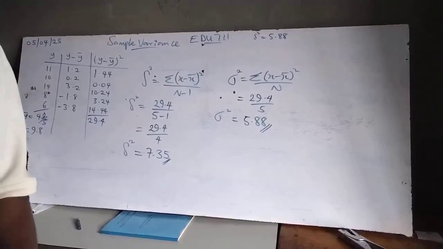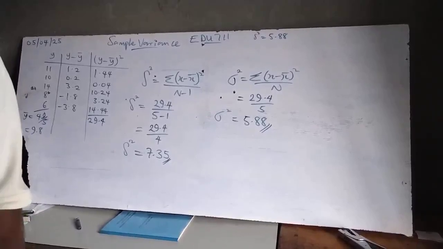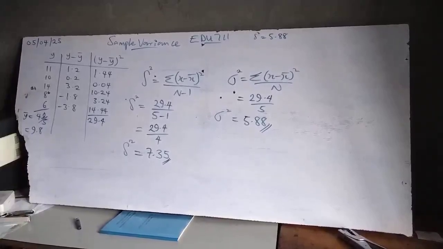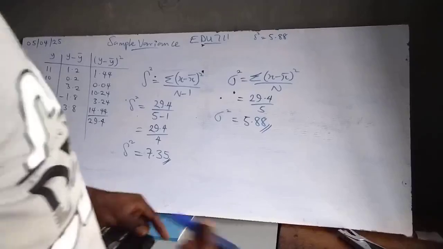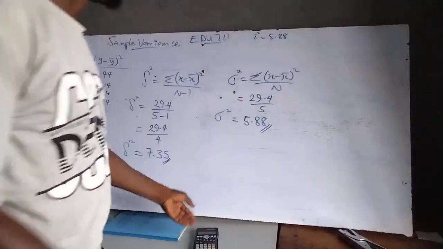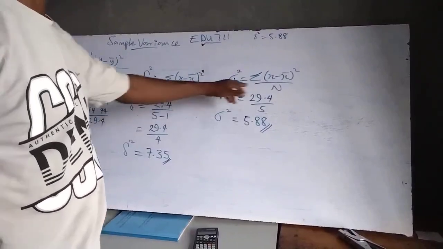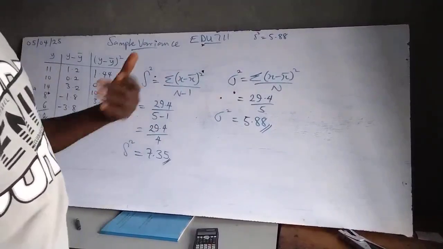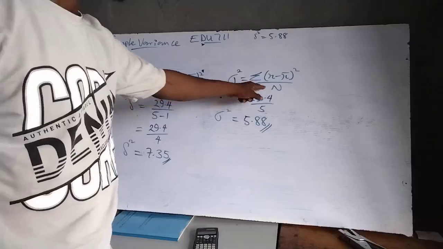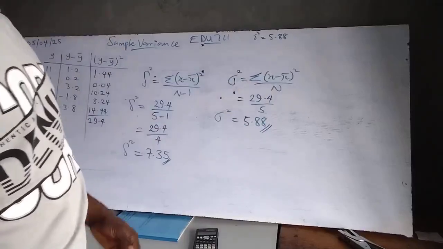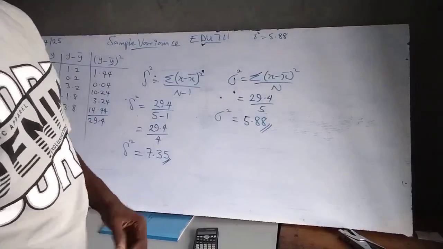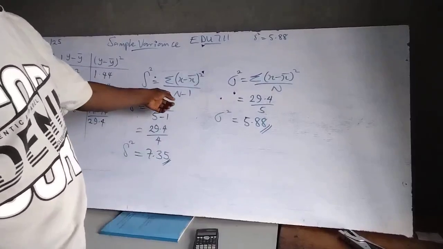Then another feedback I also got, which was a kind of question, is that since we have this and this almost the same thing except n and n minus 1, does it mean that the one with n is for correlation and the one with n minus 1 is for t-test?